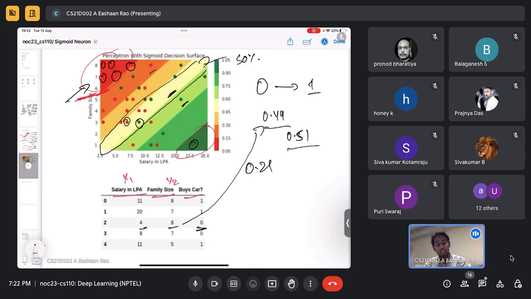But if I have a salary of 11 lakhs and a family size of 5, and I'm getting a probability of 0.51, I may think that it might be closer to the positive class rather than the negative class. So it is giving me some approximation, and that approximation is good for me. Why? Because it will help me understand the calculation of the loss function.